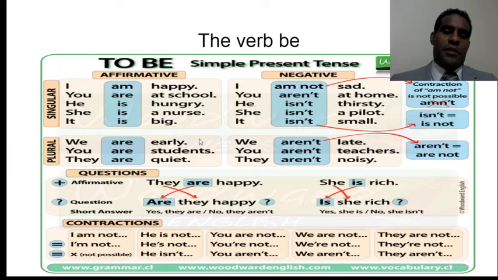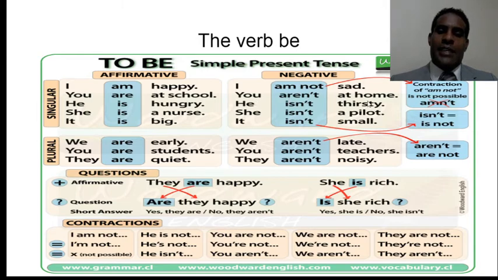In the negative form, we have to be very careful. The negative goes after the verb be. So this is the structure. And when I say structure, I mean the order that they have. I am not sad. You aren't. In this case, aren't is the contraction of are not.